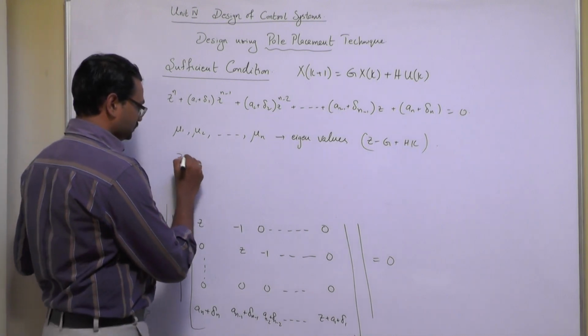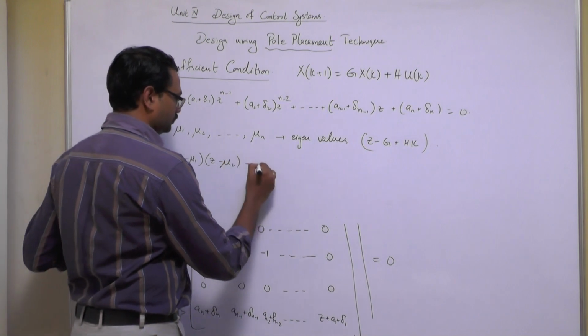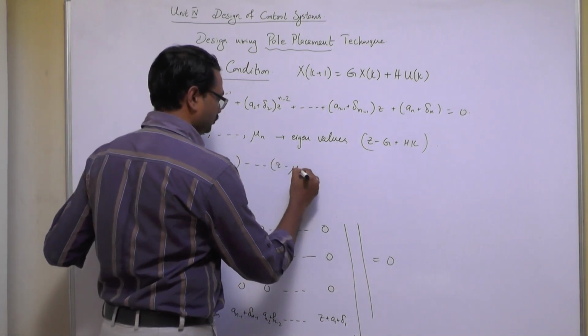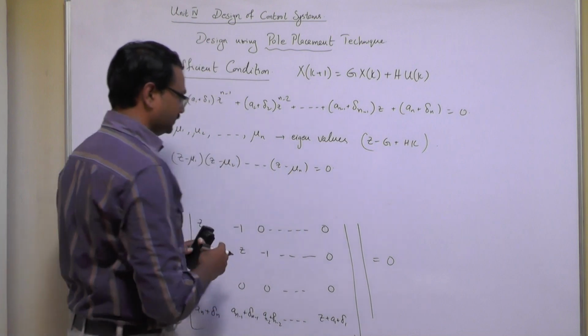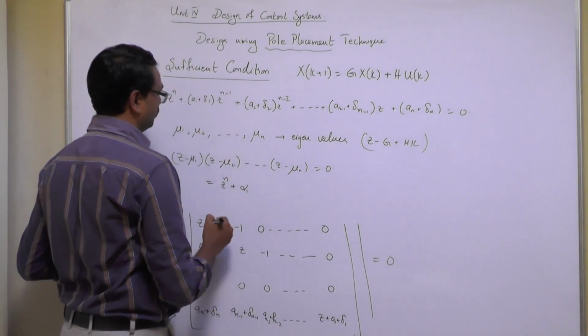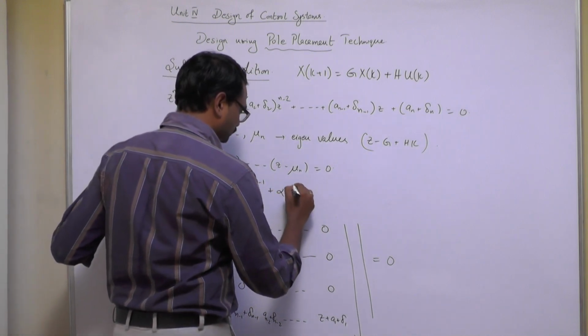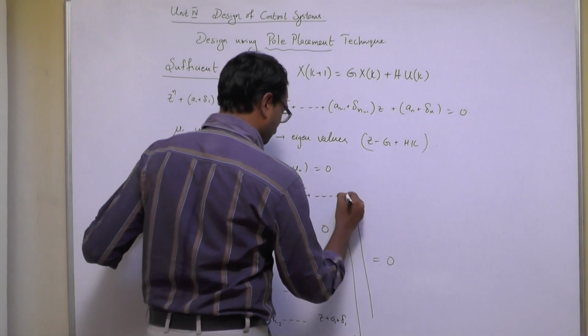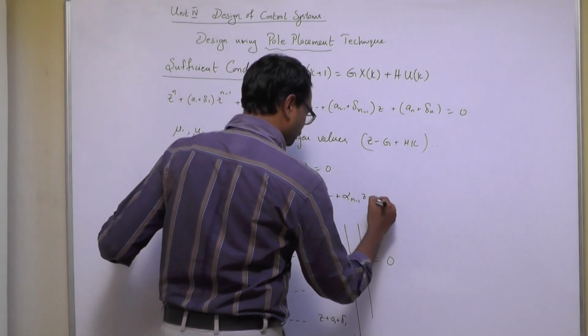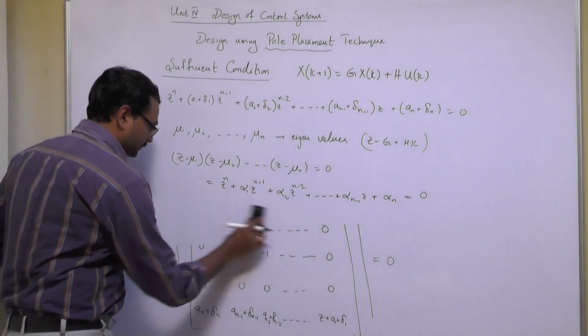So we can write this as Z minus mu1, Z minus mu2, to Z minus mu n equal to 0. This can be written as Z power n plus alpha 1 Z power n minus 1, plus alpha 2 Z power n minus 2, plus and so on, plus alpha n minus 1 Z plus alpha n equal to 0.